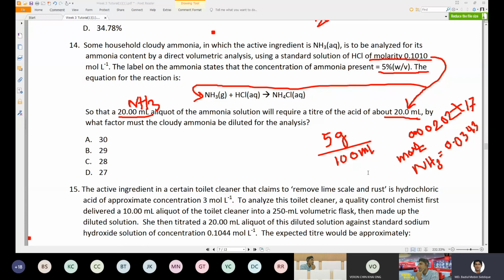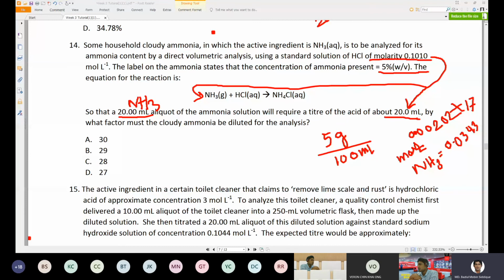Okay, so this is the 5% of that, and since I have the mass of ammonia as 0.0343 gram, this mass is in 20 milliliter of the solution.